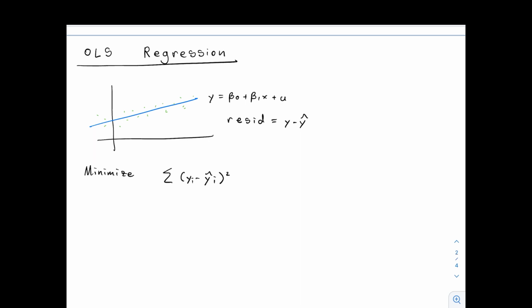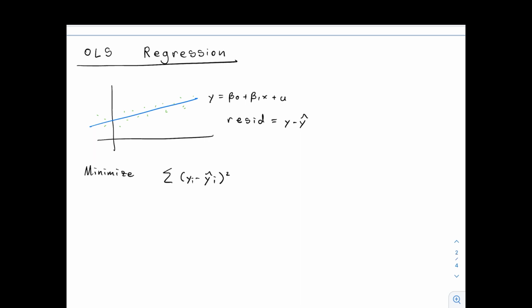So we have this quantity called the residual, which is defined as y minus y hat, or the true observed value minus the value predicted by our model, and we label that the residual. Our goal is to find the values of beta 0 and beta 1 in this particular case that minimize the sum of the squared residuals, meaning for each point there's going to be some kind of vertical distance between our observed value and the value that is predicted by our model.